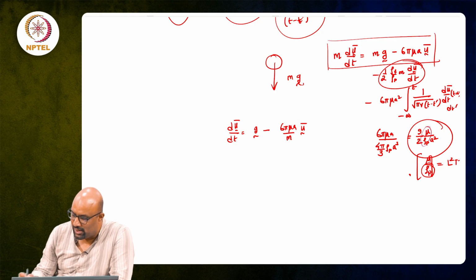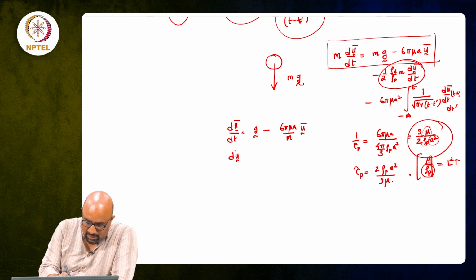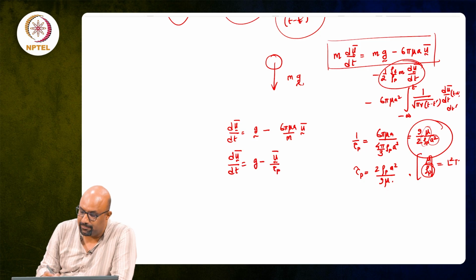The denominator has units of length square, so it has inverse time. So, I can write this as some inverse time, where tau p is 2 rho p a square by 9 mu, okay. So, this equation can be written as du dt is equal to g minus u by tau p.